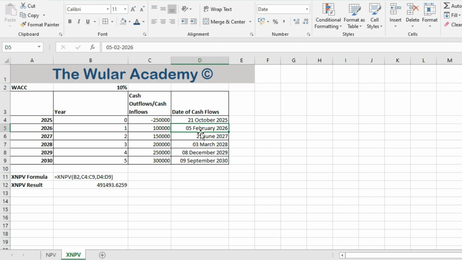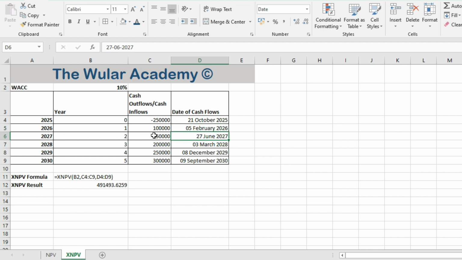That means we will get a return on this cash inflow from this date, that is from February up to December. We can invest the cash flow somewhere else and get a return from there.